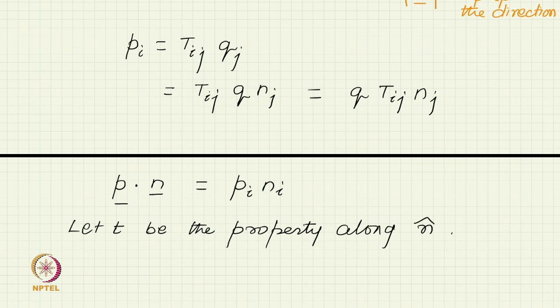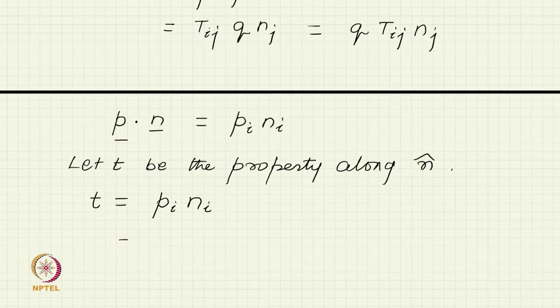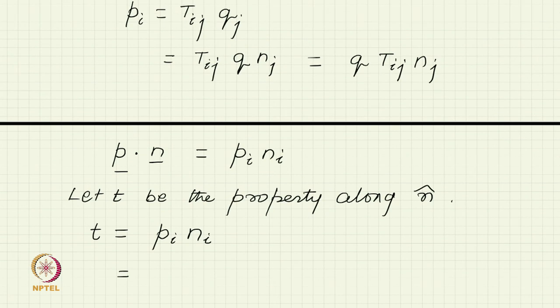So, that means we have to take the parallel component, and that is Pi Ni. So, T is Pi Ni, but Pi, from what we have derived above, is Q times Tij Nj, so I can rewrite it as Q Tij Ni Nj.